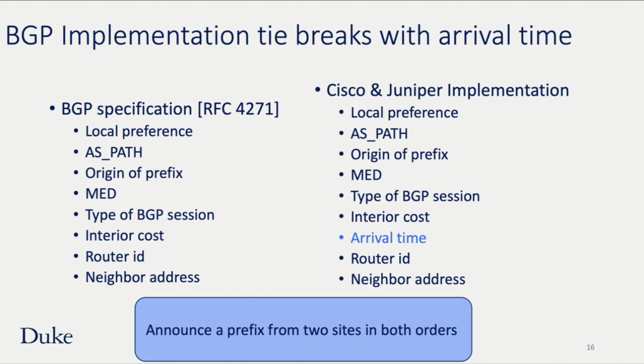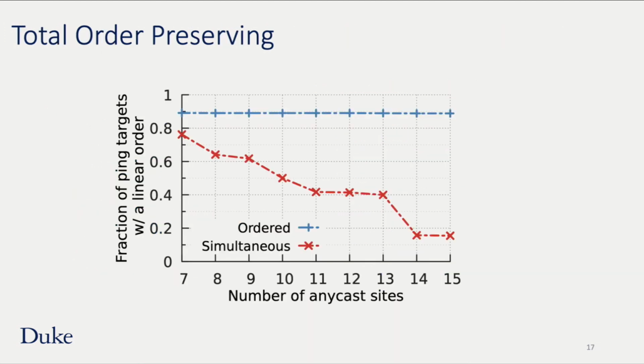So in order to solve this problem, we just announced the prefix from two different sites in both orders. So this has a huge influence on the clients who can have a total linear order. So the red line here shows the portion of clients which will preserve a consistent linear order in the end for 15 sites if we announce to both of the sites simultaneously.